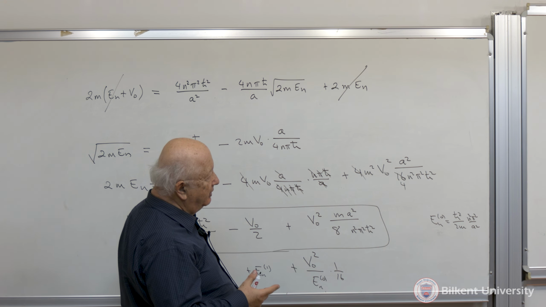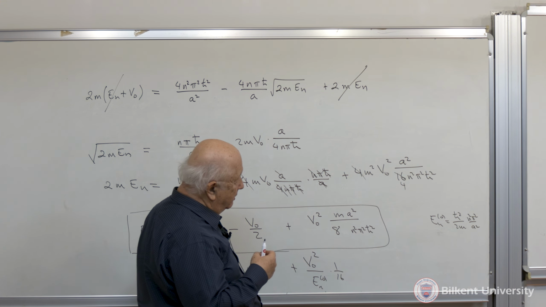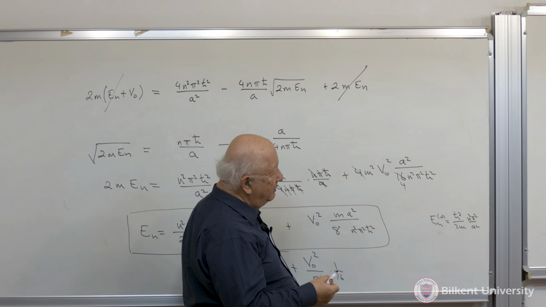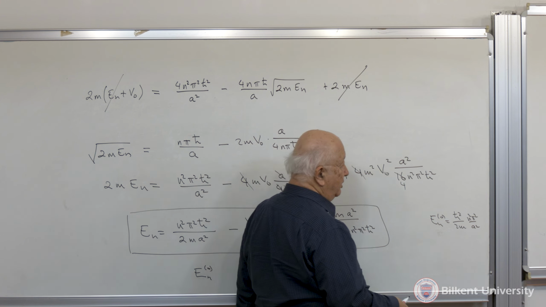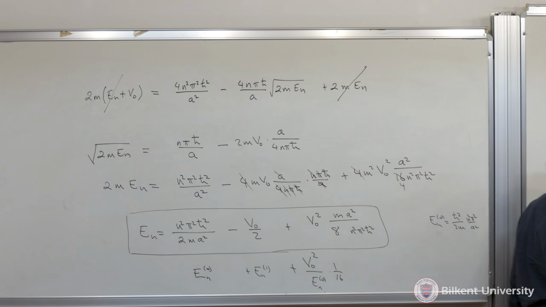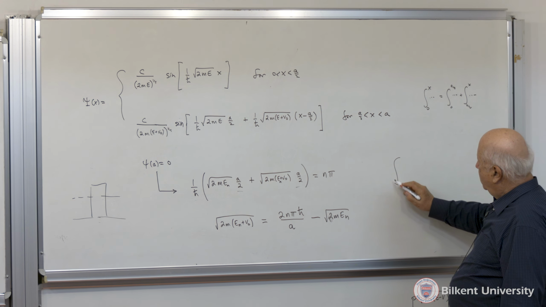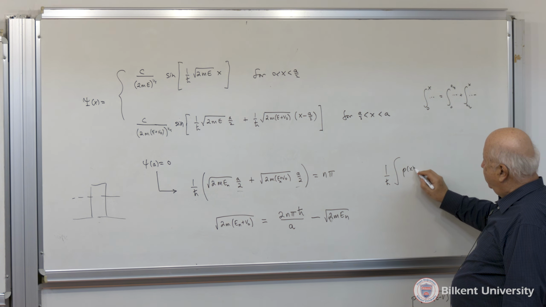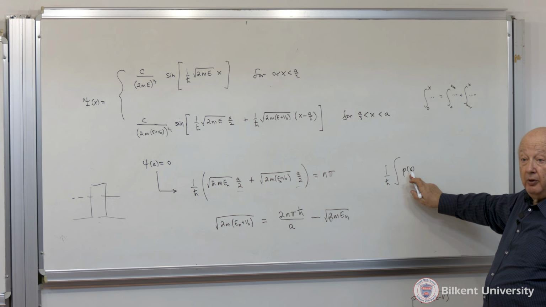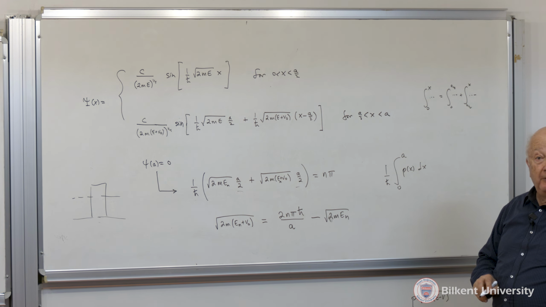So it's something like quantization of the product of classical momentum and the, okay, so what are we obtaining here? We are getting an integral 1 over h bar p of x, if I integrate classical momentum over a path from one end of the potential to the other end of the potential.